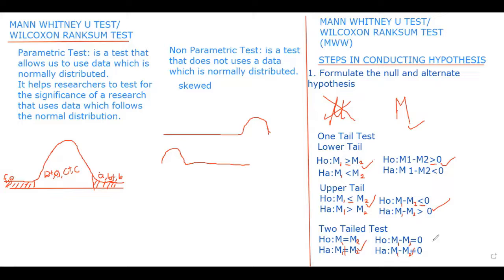Either of them is correct. So this is how you formulate the null and alternate hypothesis. Bear in mind, we don't use mu here. We use M, as a median. So you will not hear of mean in the Mann-Whitney U test. You only hear of median. Do you get it?